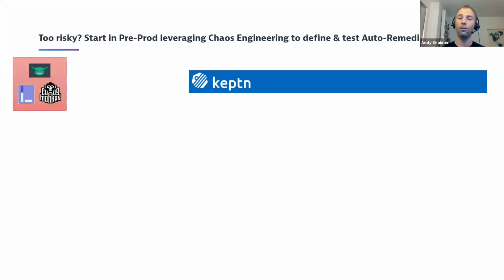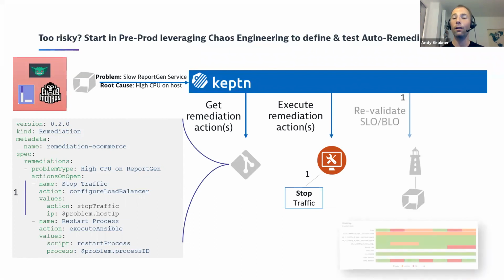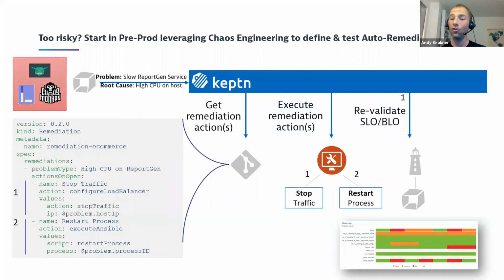The idea is that in a pre-prod environment you can execute some load to simulate production traffic and then enforce chaos. The first thing you can do is validate that your monitoring and alerting works correctly. Then if you send it to Keptn, you can start defining and refining your remediation workflows, and figure out in a safe test environment whether my remediation process and all the code that sits in these actions actually works or not.